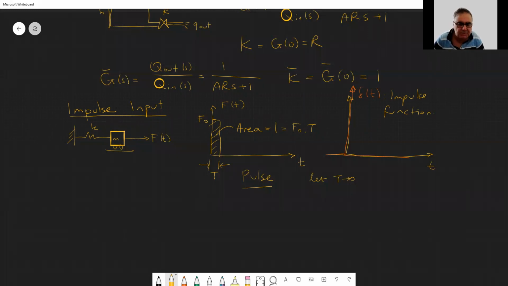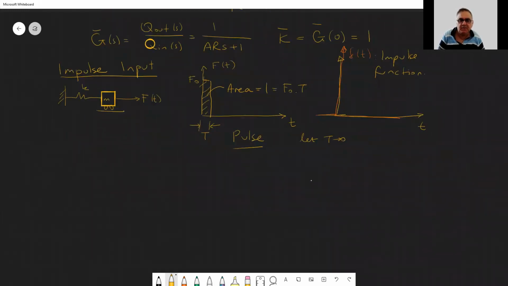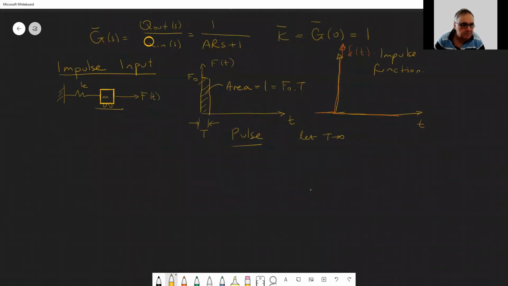Its properties are that, first of all, delta of t is 0 when t is not 0. Okay, it is only non-zero at t equals 0. And another property is that its integral over time is 1. That is, the area underneath this thing is 1.